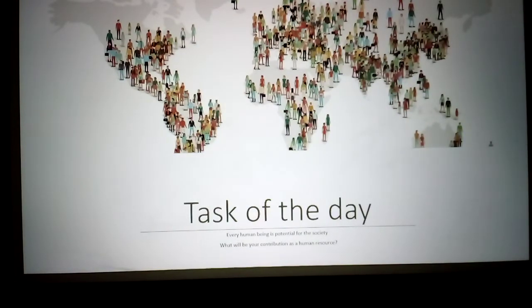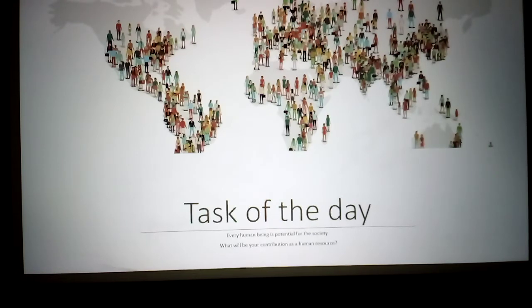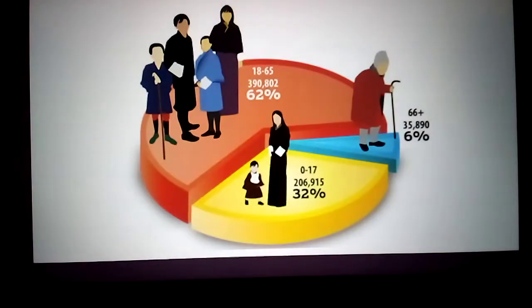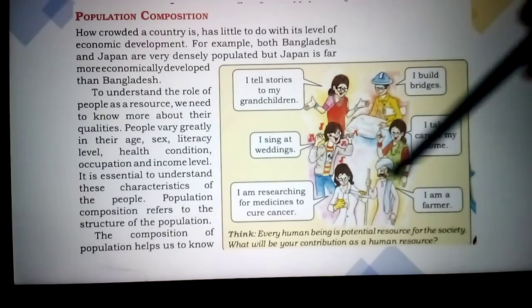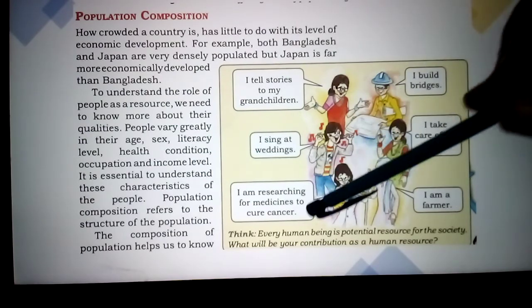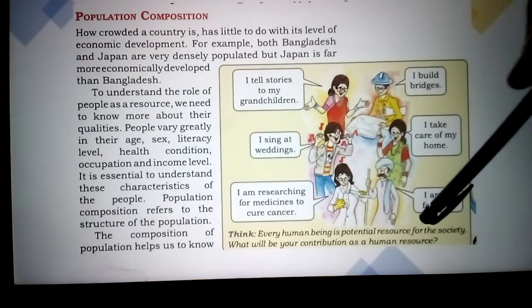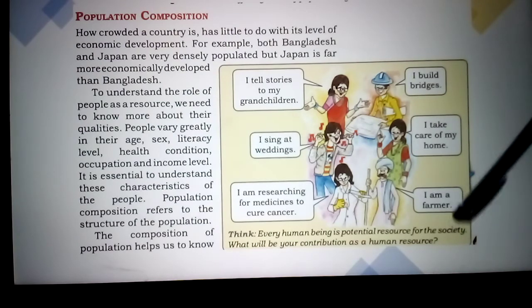So today the task of the day is, as we already discussed in one slide, how these people are potential. Every human being is a potential resource for society.